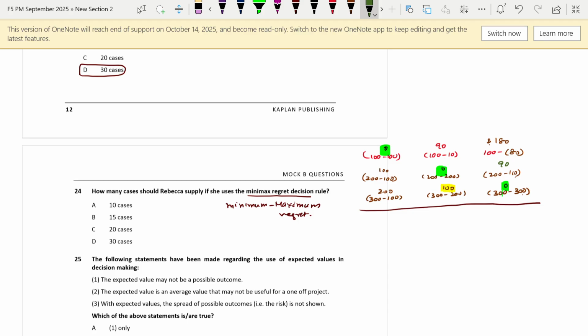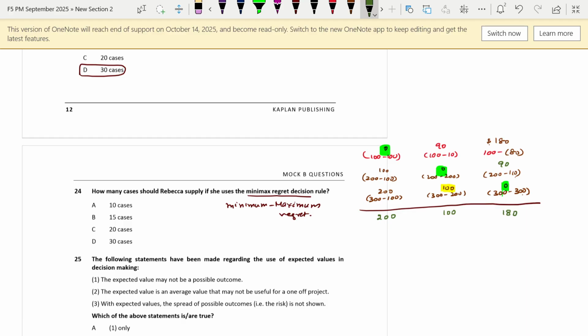Maximum regret. Here what is the maximum value? 200. Here the maximum value is how much? 100. Here the maximum value is how much? 180. Is it right? Now, what is the maximum regret? What is the rule?